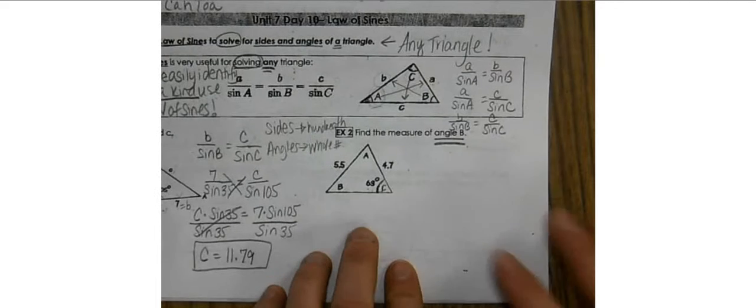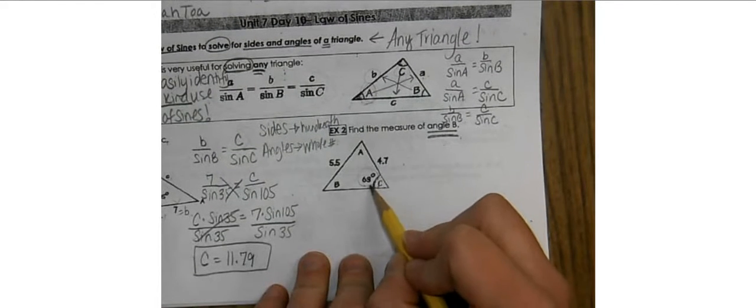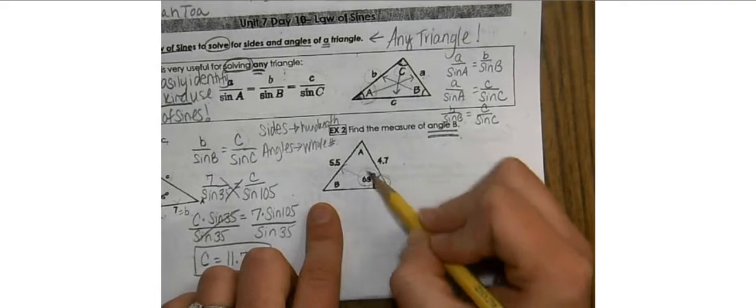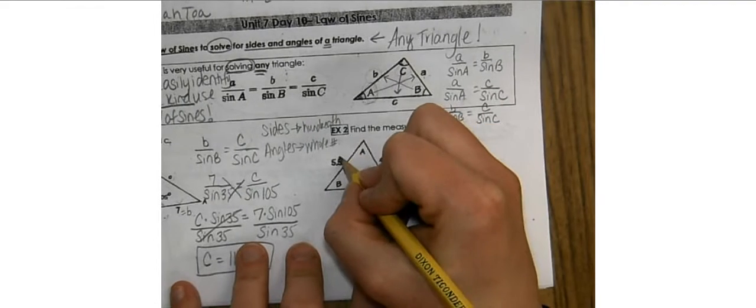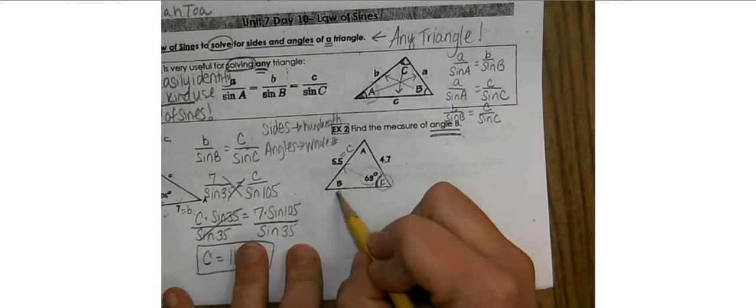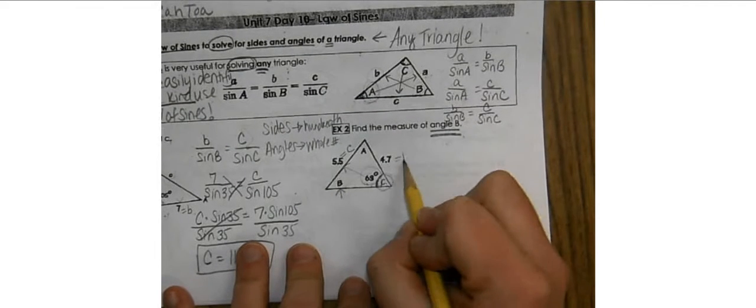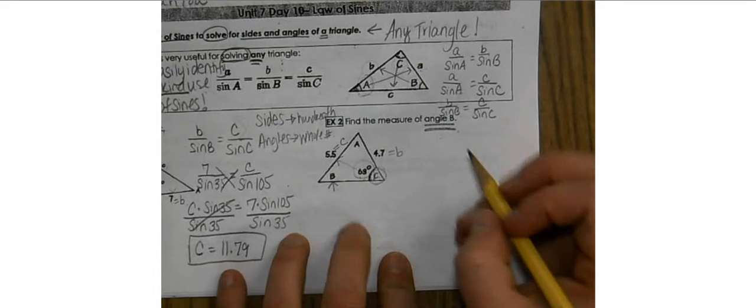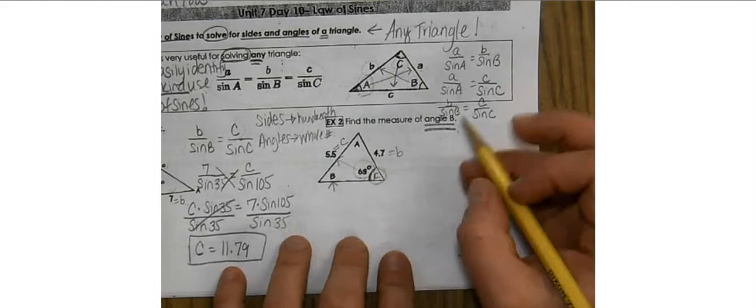All right, so for this problem, we know what 63 degrees is. 63 corresponds with angle C, and I know that opposite of angle C is 5.5. So 5.5 is little c. Angle B is what I want to find, and I know what little b is. That's going to be 4.7. So I'm going to set up my proportion using B's and C's.